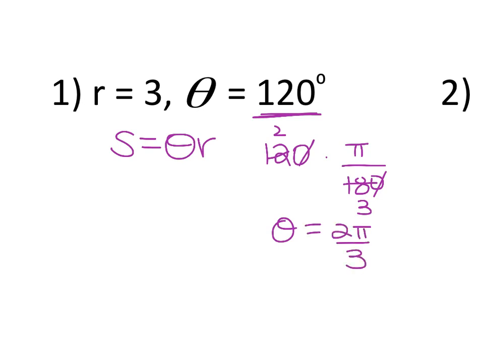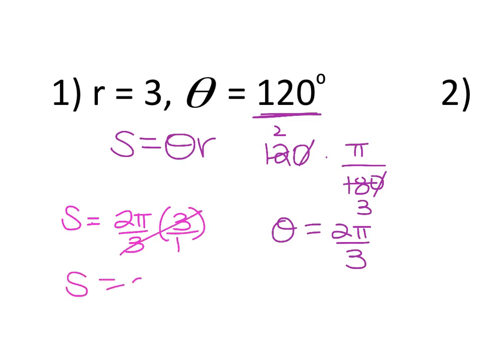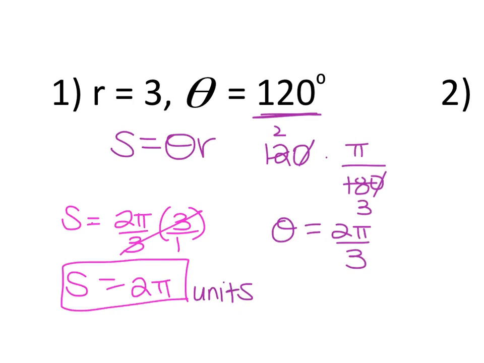Now I just take that and plug it in with the radius. So S equals 2 pi over 3 times 3. And then that's 3 over 1, so these can cancel, and S equals 2 pi. If it had given me units like 3 centimeters or 3 inches, I would put it. If it doesn't, then it can just be units.